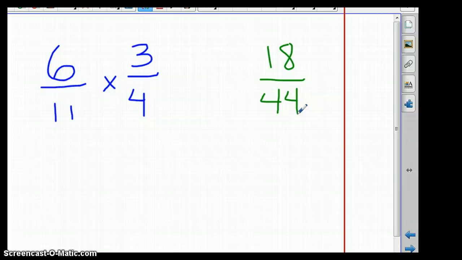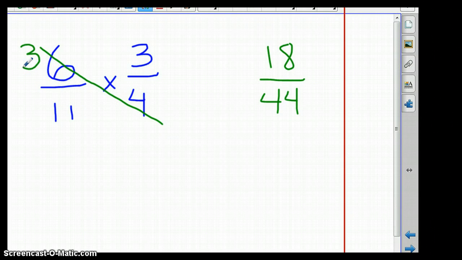So now I'm going to look at the 6 and the 4, the cross numbers, and I say, is there anything that goes into 4 that also goes into 6? And the answer is 2. So I am going to be crossing these numbers out and turning them into a number that works with a factor of 2. So 2 goes into 6 3 times, so the 6 is going to become a 3.